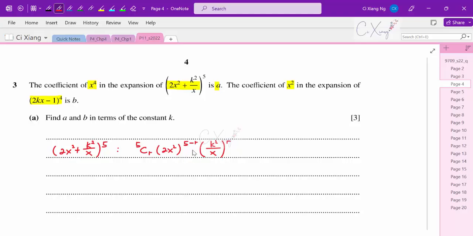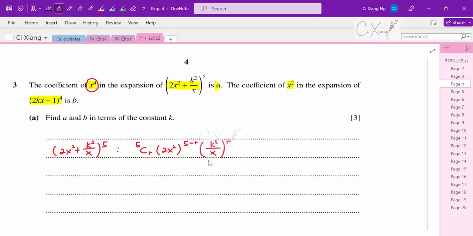So there are many ways for us to decide the value for r. We now want to focus on how to get the x power 4. For me, I'm using a simple trial and error method where I try to input some value of r and see whether I can get x power 4 or not.